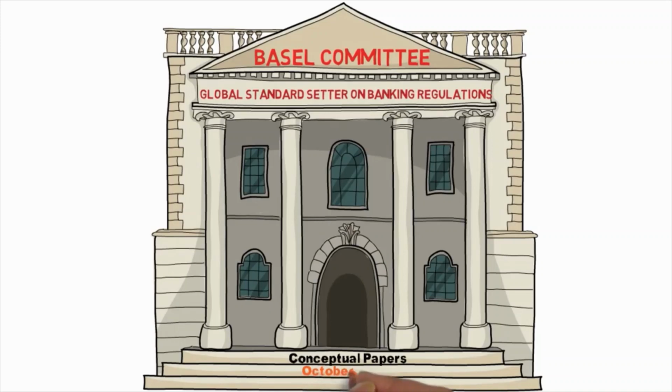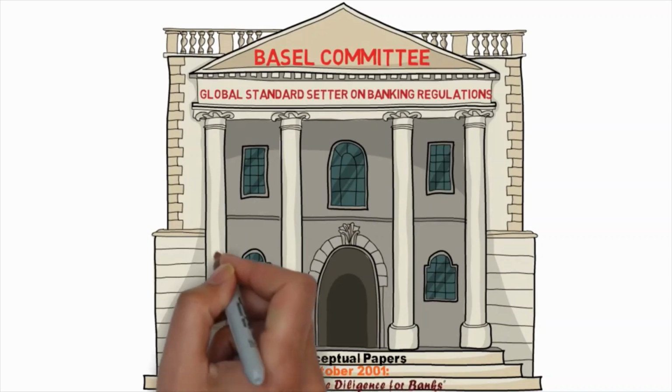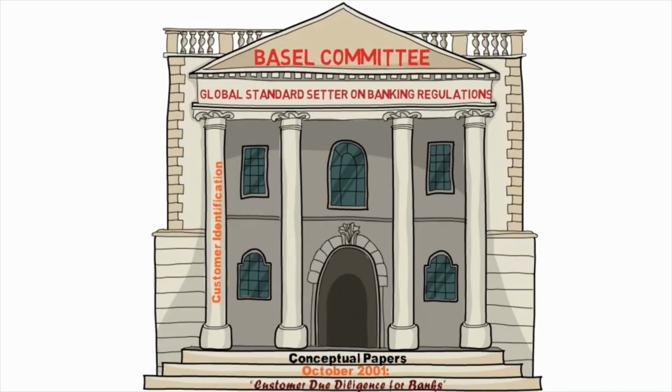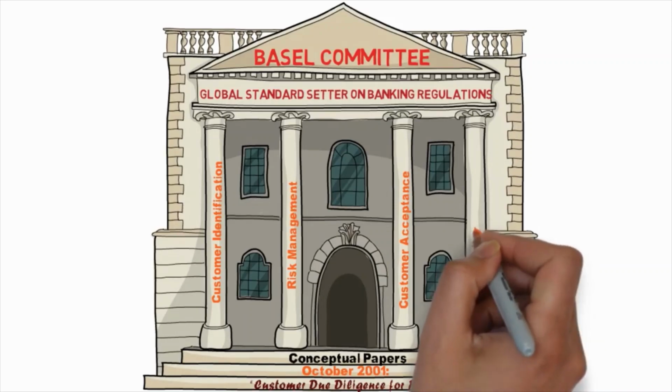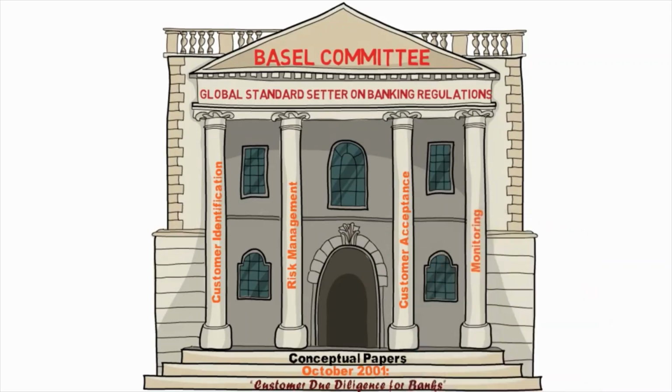For example, the main highlights of the paper introduced in 2001 by Basel Committee talk about 4 elements of KYC program. They are customer identification, risk management, customer acceptance, and monitoring. It also talks about three lines of defense that you might already know.